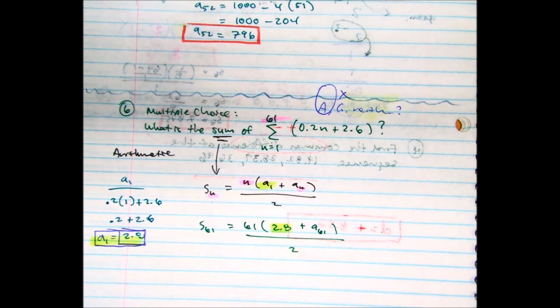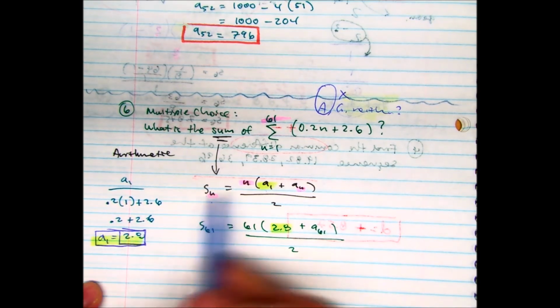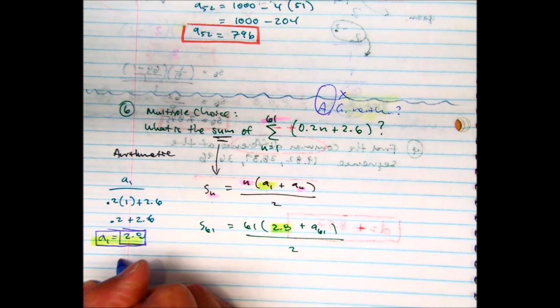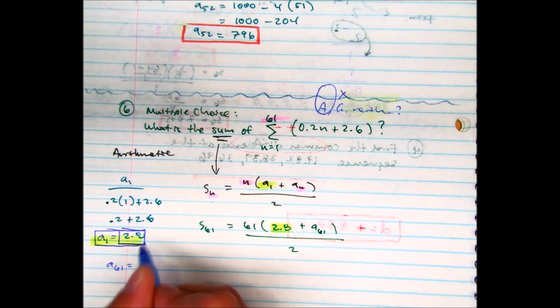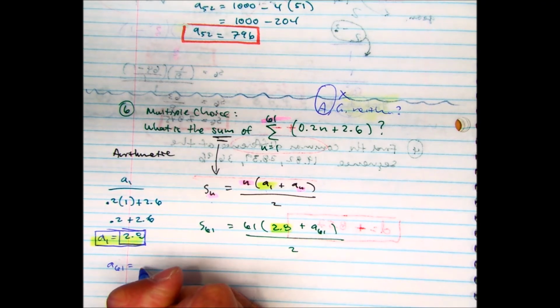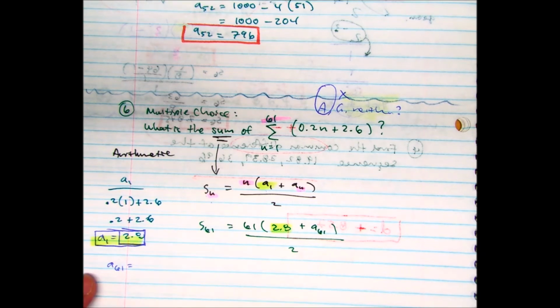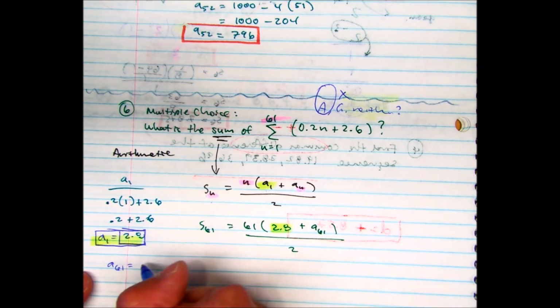Then I need to find the last number in the list, and I end at 61. So a61 is equal to, here I'm using my arithmetic explicit formula. So in this problem I'm actually using two formulas. How many formulas, class? That's okay to use two formulas.